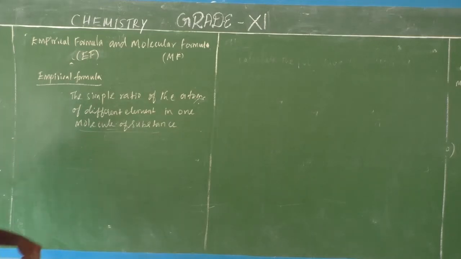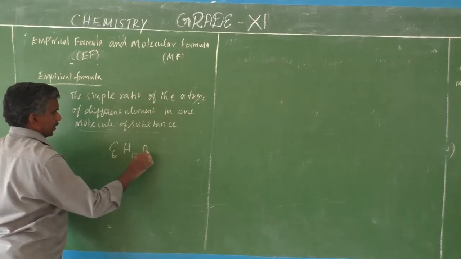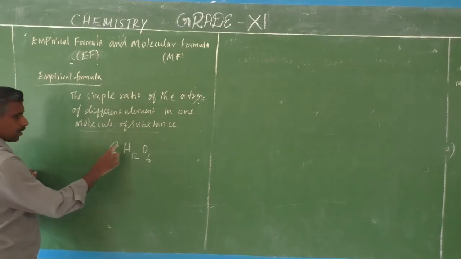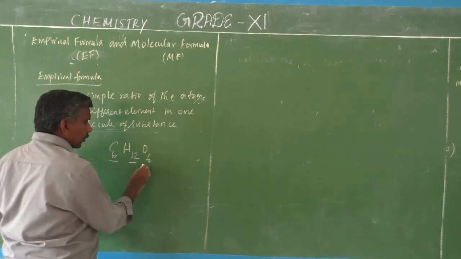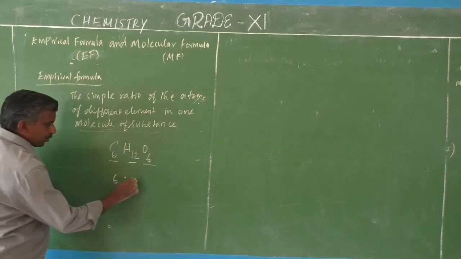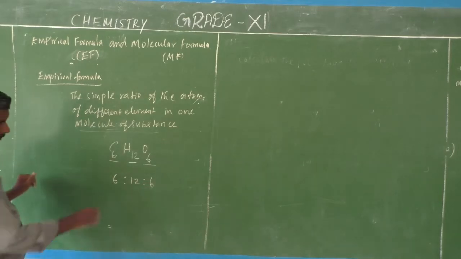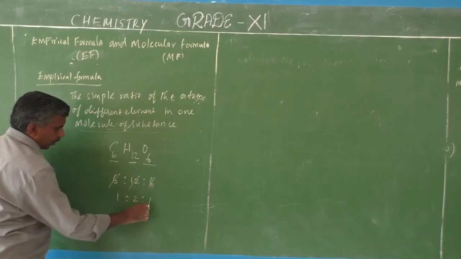Let's say, for example, glucose, C6H12O6. This is the glucose formula. The simple ratio of the atoms: carbon 6 atoms, hydrogen 12 atoms, oxygen 6 atoms. 6:12:6, you simplify it to 1:2:1.